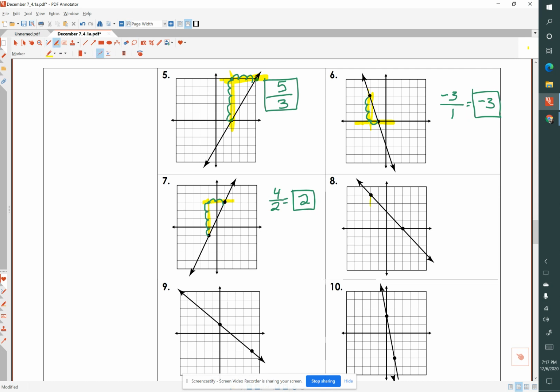Okay, number 8. We have a negative slope, so our rise is negative. We're going down 1, 2, 3, 4. Negative 4. We have a run of 1, 2, 3, 4. And negative 4 over 4 equals negative 1. So the slope for that line is negative 1.